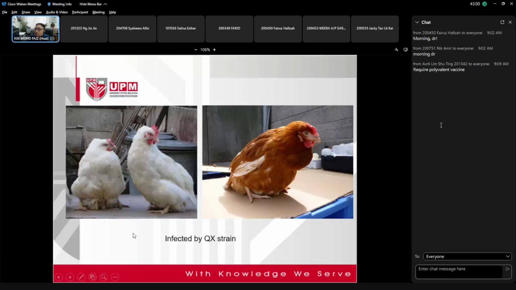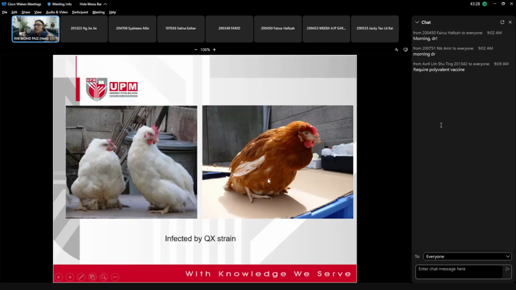And this one is one of the unique strains, the QX strain. In this QX strain, they're quite unique. They lead to what we call penguin stance. They will sit like a penguin. The reason is that this QX strain can also cause kidney issue as well as a sort of ascites.